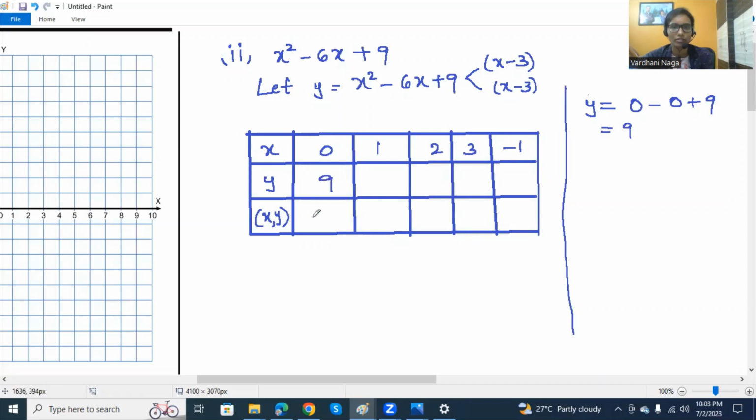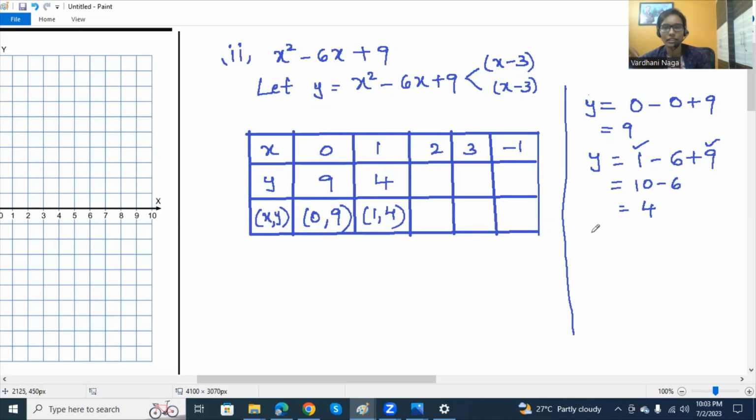So 0 comma 9. Next, put x value as 1. So 1 square is 1, minus 6 into 1 is 6, plus 9. Positives you have to add first, 1 plus 9 is 10, 10 minus 6 is 4. So y value is 4. So the ordered pair is 1 comma 4.